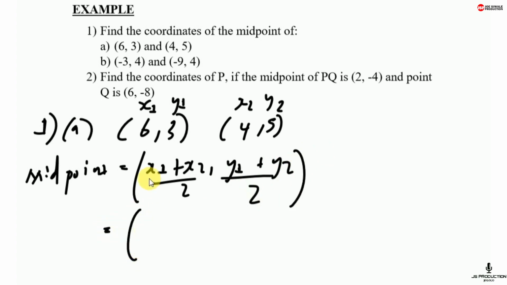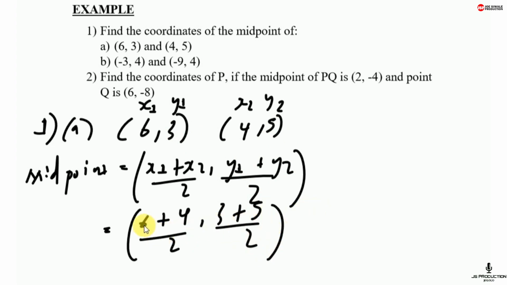So my x1, I know that's 6, so 6 plus my x2, that's 4, divided by 2. My y1, that's 3 there, plus my y2, that's 5, divided by 2.